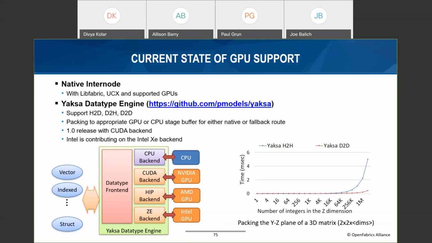If you look at the right-hand side, this is a comparison of the performance of using the GPU to drive packing versus using a CPU. So this is the current state of the GPU support on non-contiguous data. And by the way, this has already been merged in MPICH. If you check on master, it is already there. Next slide, please.